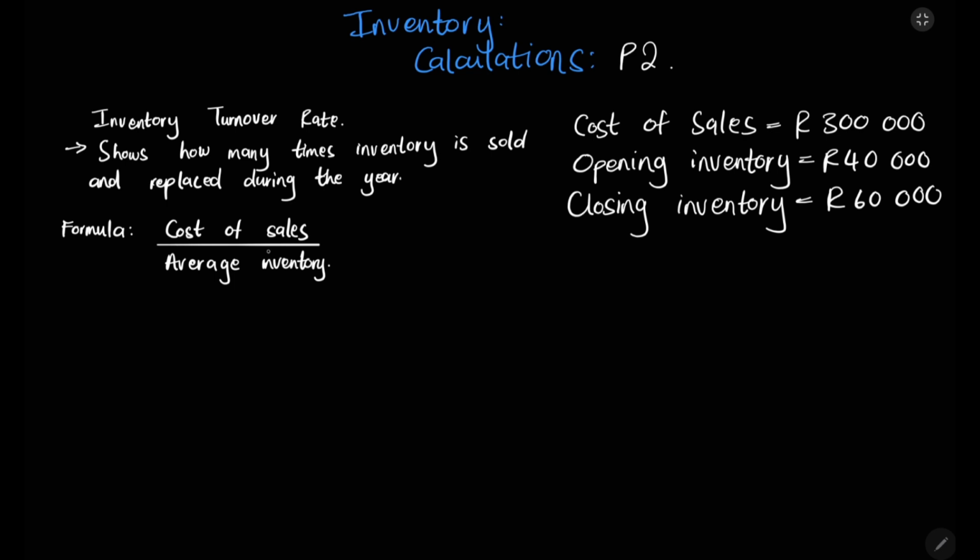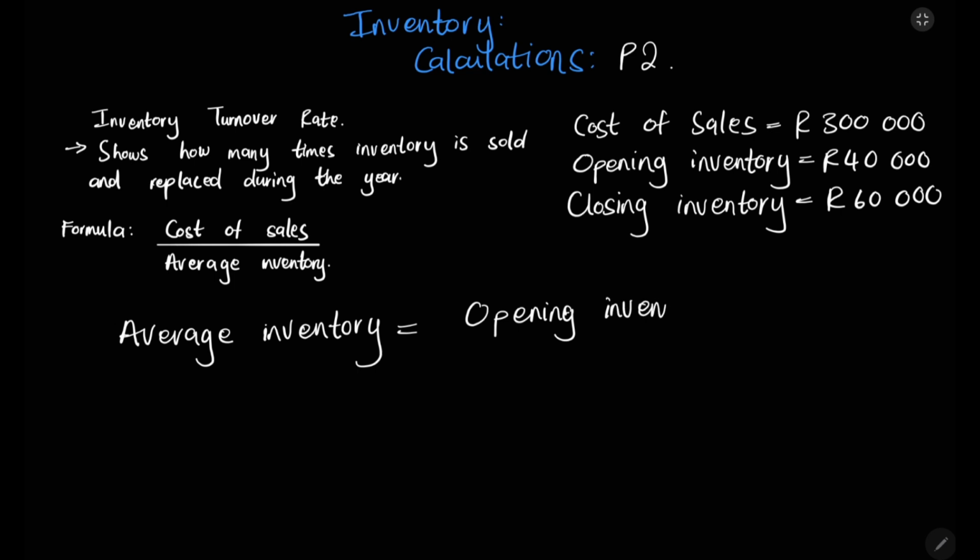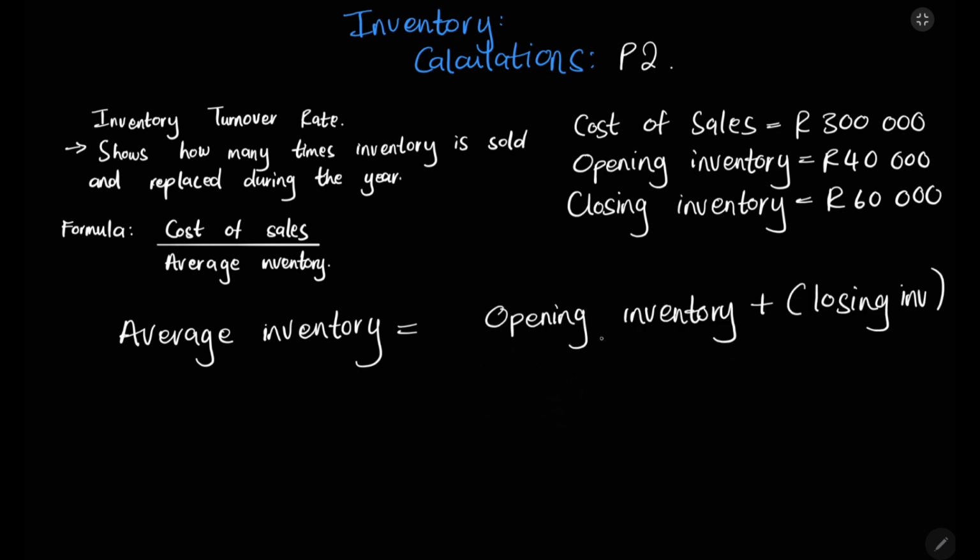To find the average inventory, we have to say our opening inventory plus closing inventory divided by 2. Let me write the formula for you guys. Average inventory is opening inventory plus closing inventory, divided by 2.